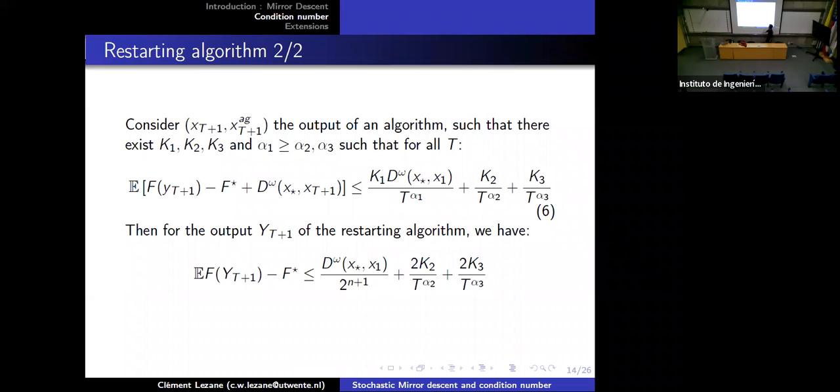The cost is that instead of paying k2 t alpha, you're going to have to pay double. So this recursive form allows you to reduce the initialization error term considerably, exponentially fast, but at the price of doubling your variance.